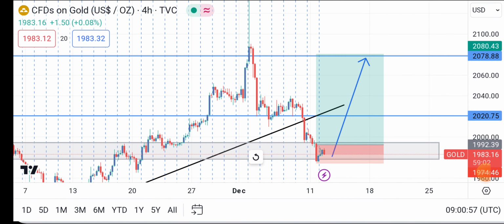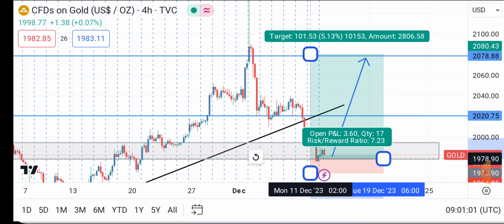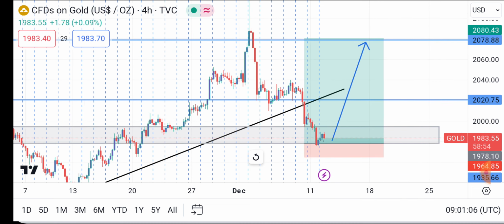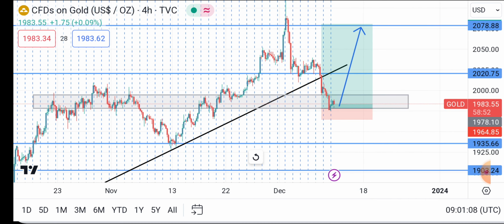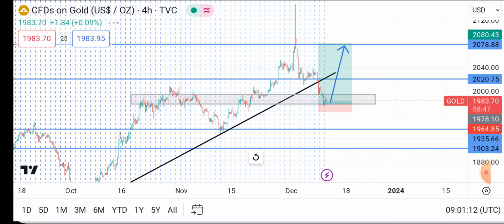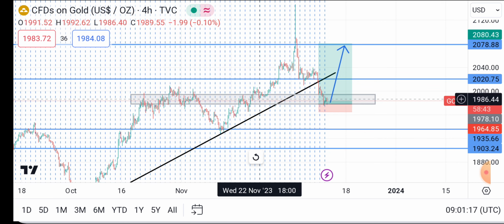Last but not least, we have the gold market. Let me do this because it's going to turn here. The gold market has been on a slight downtrend for a couple of days now. I zoomed out the charts, but if you can see, price has been on an uptrend.